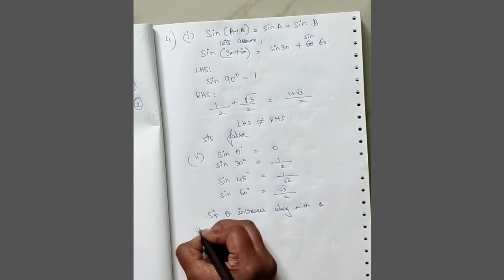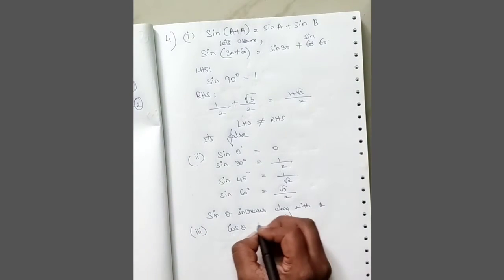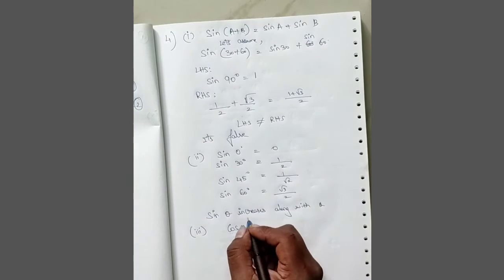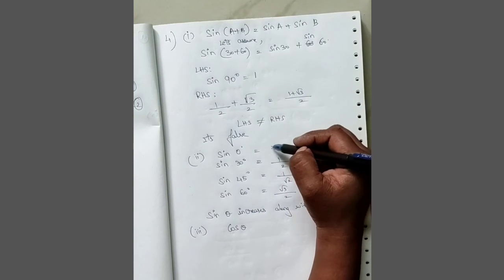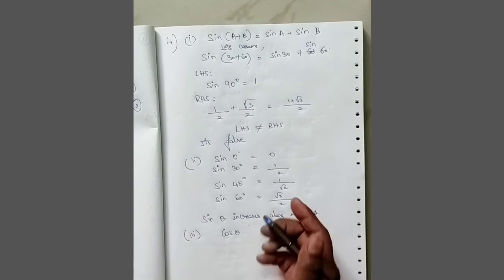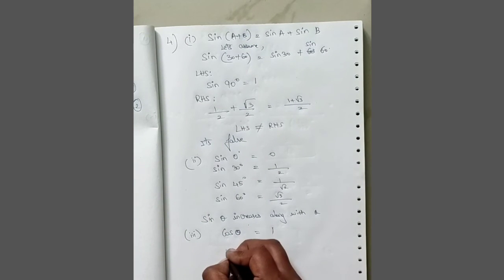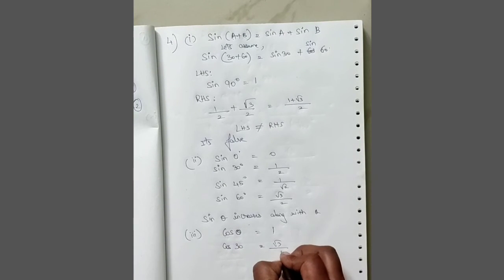Third one, what they have asked is the value of cos theta increases with theta. No, this is false. We know that because the values of sine from 0 to 90 will just be reversed for cos from 90 to 0. That is, cos 0 degrees will be 1. It will go in reverse. Cos 30 will be root 3 by 2.